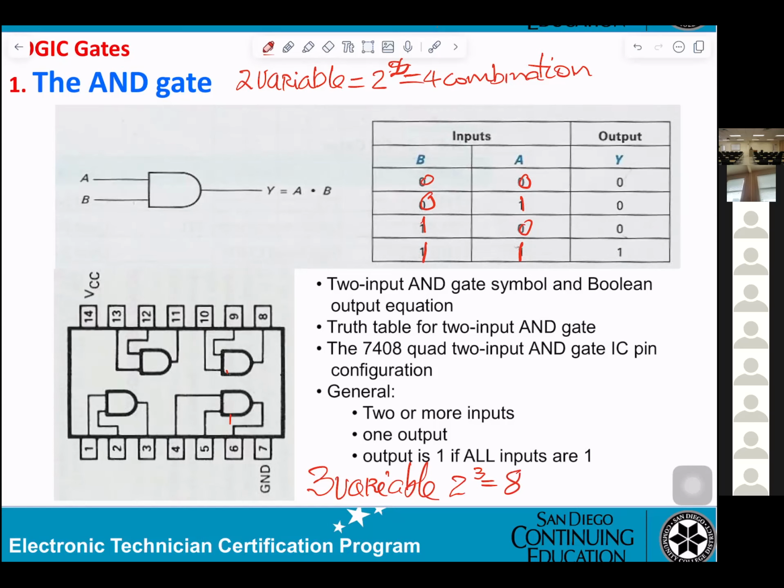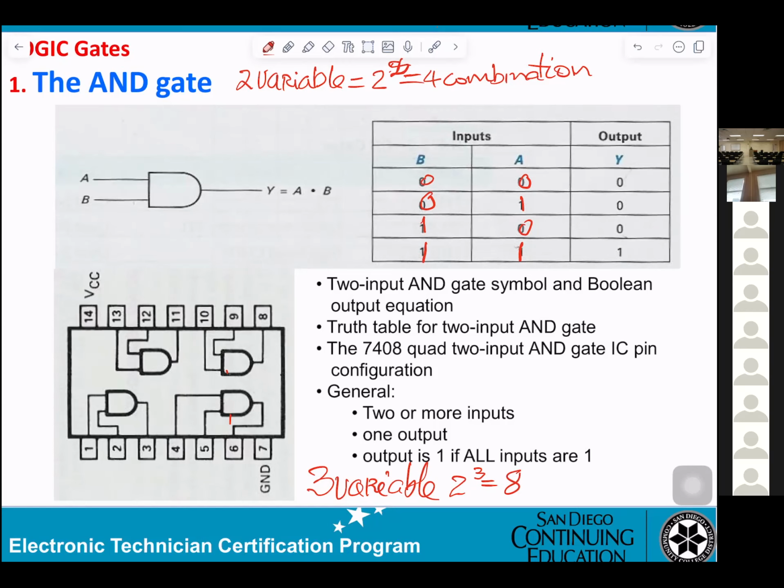You get 8 combinations. That means the first column will be four 0s, four 1s, the next will be two 0s, two 1s, the last one will be 0, 1, 0, 1. And if you get 4 variables, 2 power 4 will be 2 times 2 times 2 times 2. You get 16. Okay? That's what is given to you in the truth table, depending on how many variables.